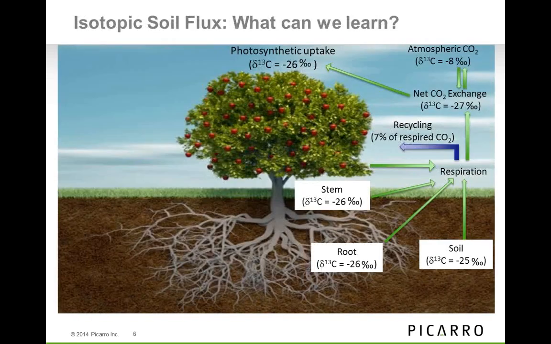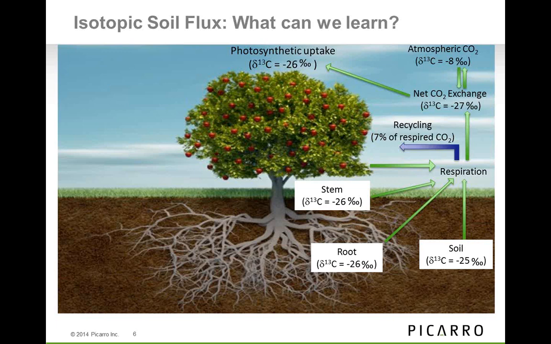Speaking of isotopic carbon, I would like just to talk a little bit about isotopic soil flux and show how the fractionation of carbon can be used as a tracer within soil and the carbon system, including the soil respiration. As you see, these values are approximate.